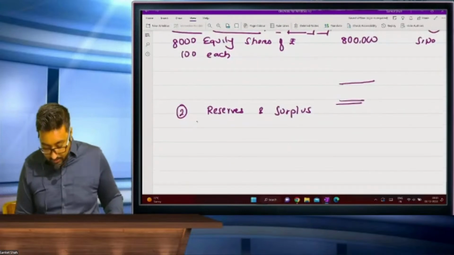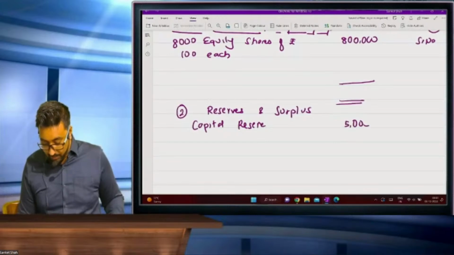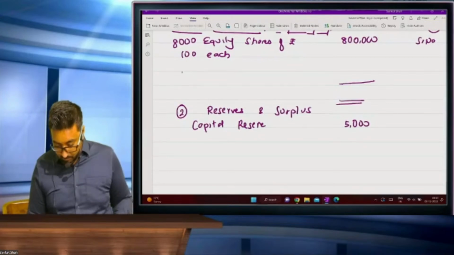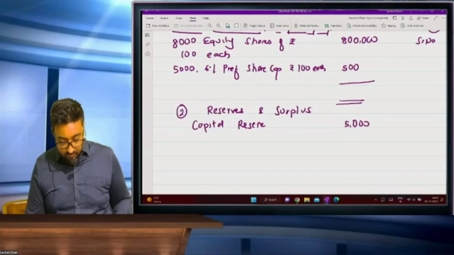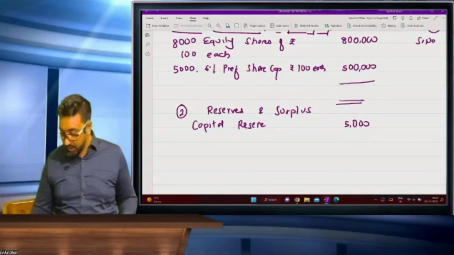And under reserves and surplus, capital reserve 5,000. 5,000 6% preference share capital of rupees 100 each, 5 lakhs. Second adjustment. Equity share capital done.